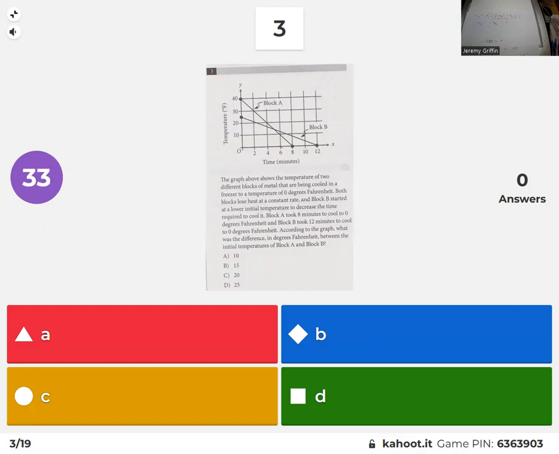Block A took 8 minutes to cool to 0 degrees Fahrenheit, and block B took 12 minutes to cool to 0 degrees Fahrenheit. According to the graph, what was the difference in degrees Fahrenheit between the initial temperatures of block A and block B? So this vertical axis is scaled 10, 20, 30, 40. Okay. So what was the difference in initial temperatures?